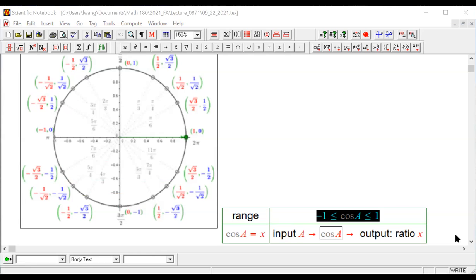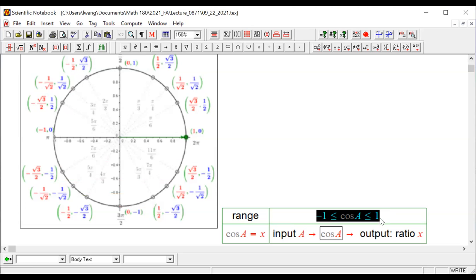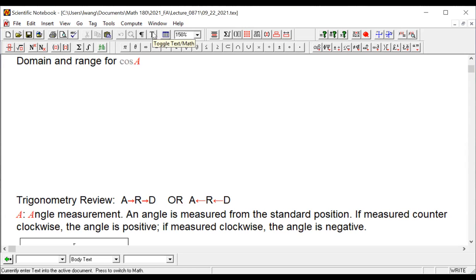Okay. So now, the domain and range for cosine. I'm going to put the domain and range in a separate line. Domain and range for cosine A. The domain is all real numbers.